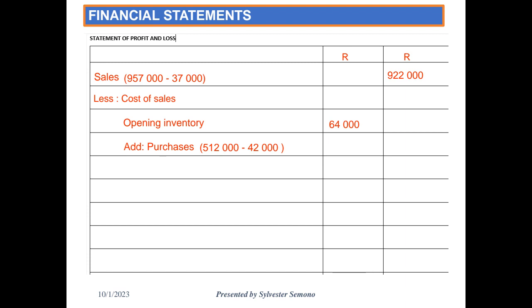Yes. So remember this formula here. It's similar to what we did on top here. We said sales, we deducted sales returns. Here we have purchases, we deduct purchases returns. Do you understand so far? Yes, I do.